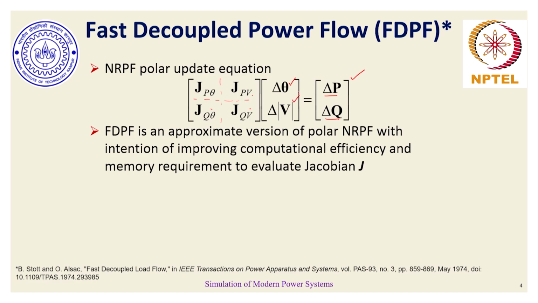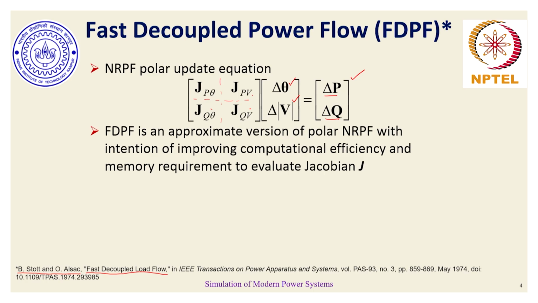Now, coming to the history or origin of fast decoupled power flow, I would request all my learners and viewers to please go through this classical paper which was authored by Brian Stott and Ongun Alsac, Alsac being a PhD student of Professor Stott.